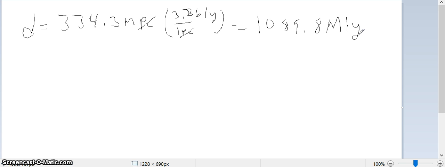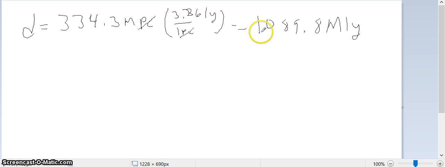That's just a way of saying the exact same thing. That would be how far away that particular galaxy is.